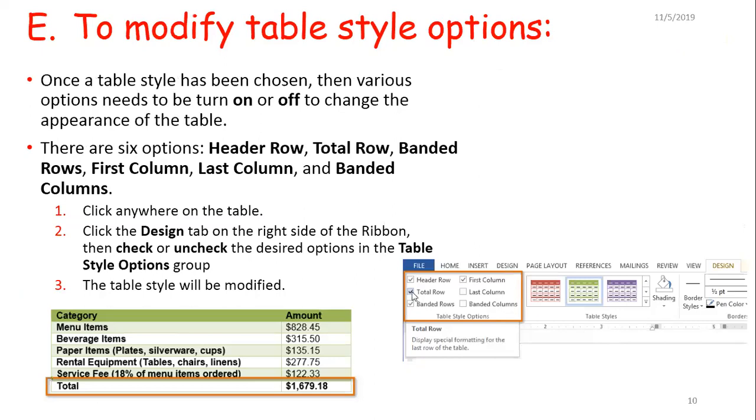And if you observe in the first image, you will see a group that has been bordered with a yellow box. So these are the things you can use to modify the table style.